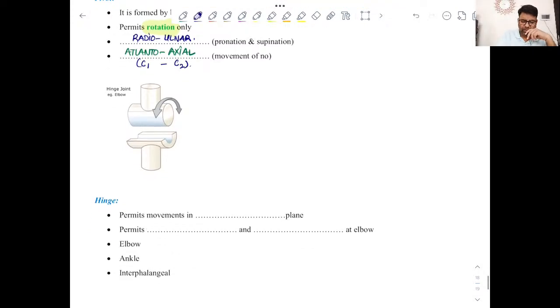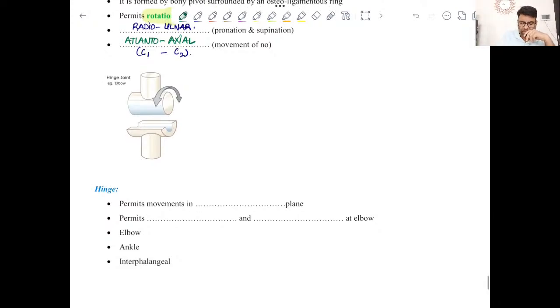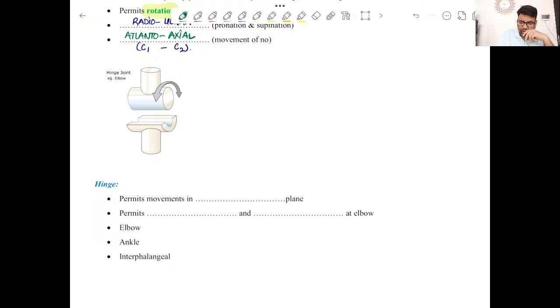Then hinge joint. If you look at a door, it can be opened only in one direction because of those metallic hinges. So similarly the concept is applied here. It permits movement only in one plane. Like if we talk about the elbow, which is the classical example of hinge joint, we can say that there is flexion or extension. There is no component of rotation.